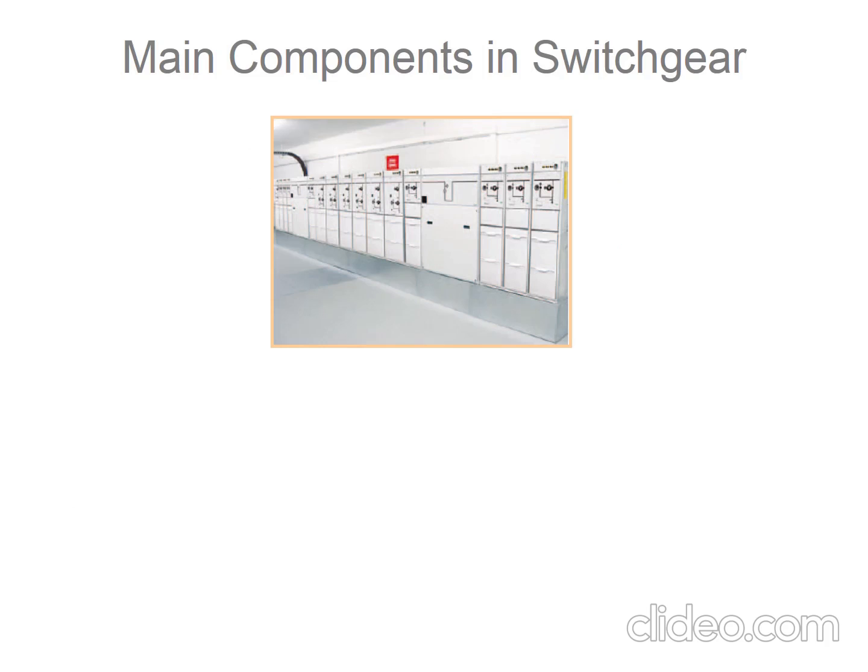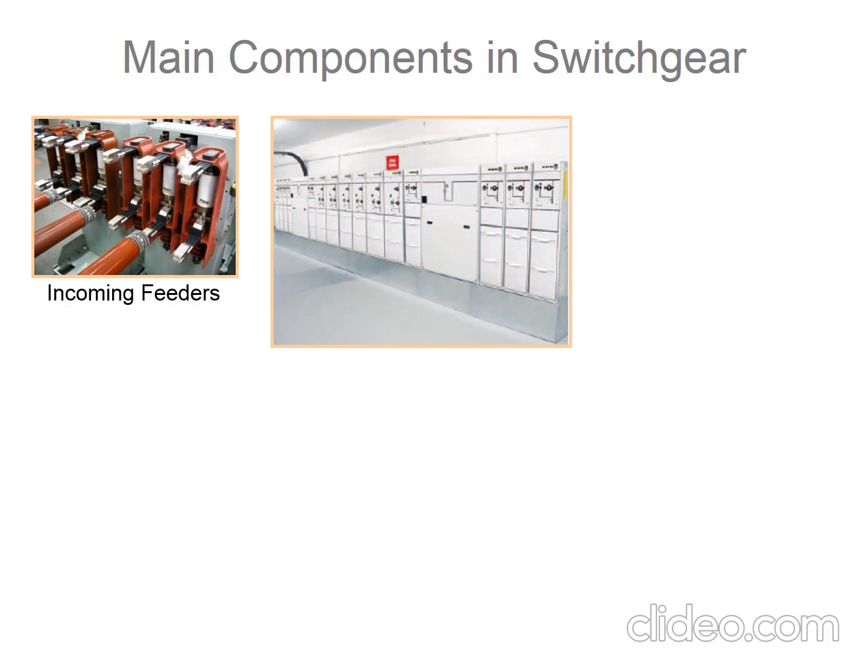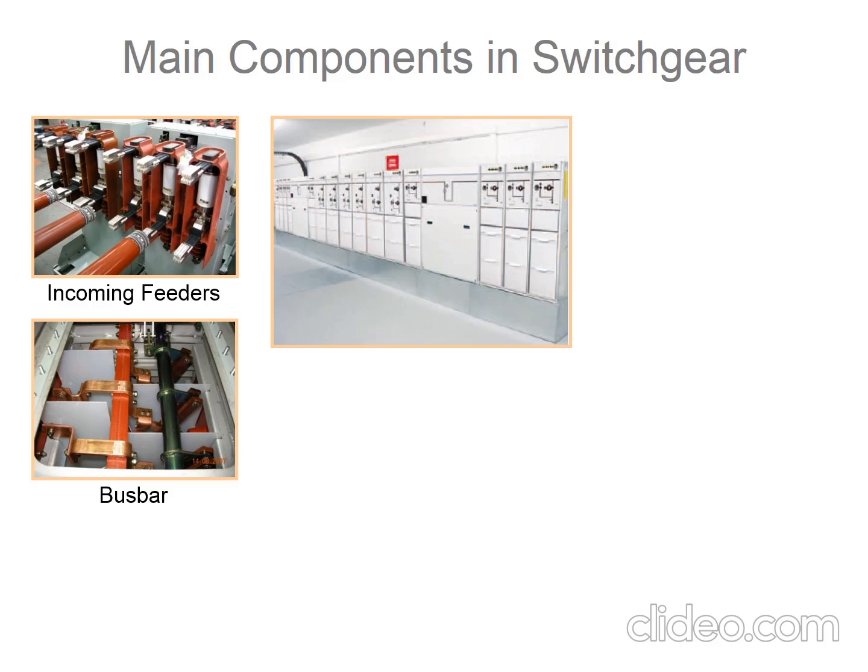Okay, the main components in switchgear. There is the incoming feeder. And then we have the bus bar, at the top. And then we have the circuit breaker, CB.